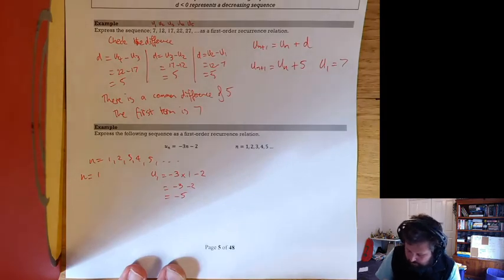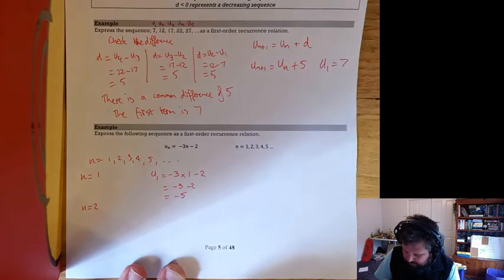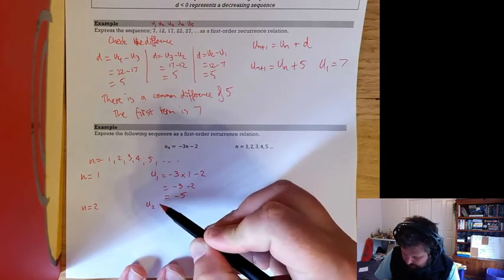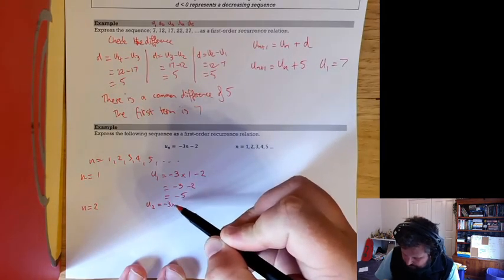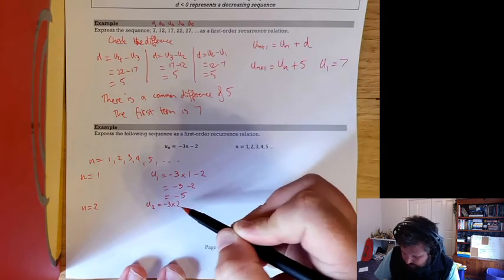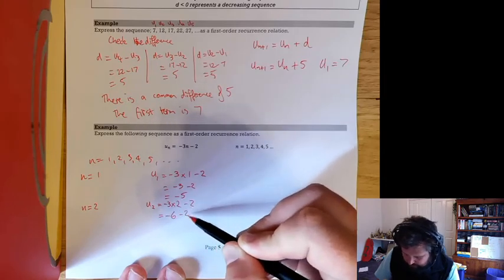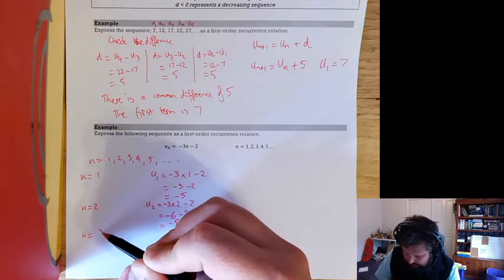We move on and we go and do n equals 2 now. So again, repeating the process, we've got u2 is equal to -3 times the n value, which in this case is 2, take away 2. And we've just got to keep on doing this for each of these values.